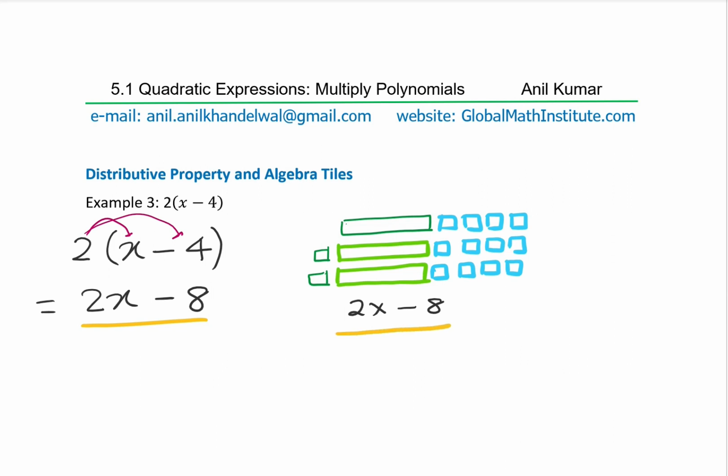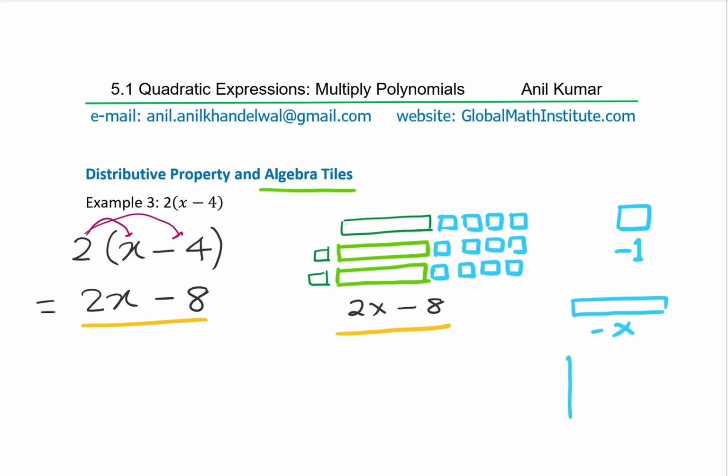So as you can see here, I changed my topic and we'll use only one model when it comes to negative tiles. So here what we've done is that we are using 1 square as negative 1, right? Similarly, we could also utilize negative x as 1 unit shown here.